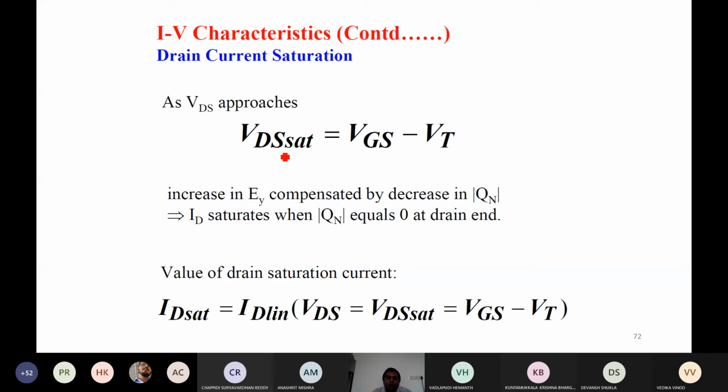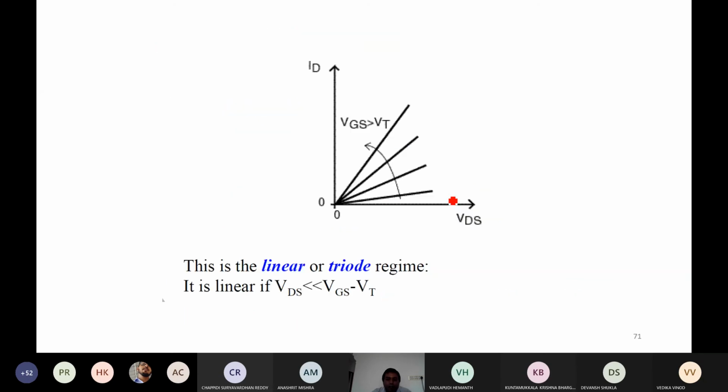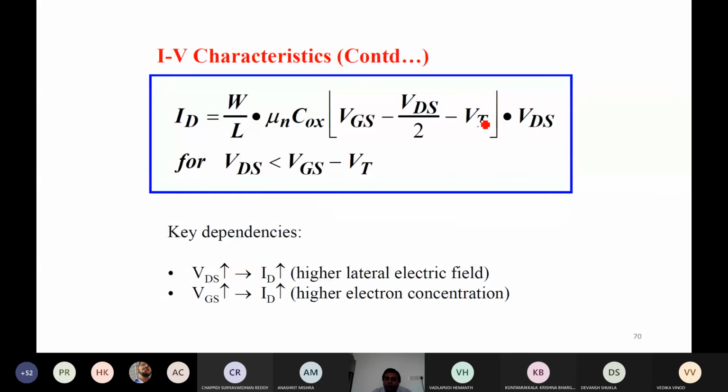Now, whatever VDS you are applying, even if you apply VDS more than VDsat, the current will be the same, and that current is calculated by replacing VDS in the previous equation we got. According to the operation, we know that even if you increase VDS more than VDsat, the current is the same.